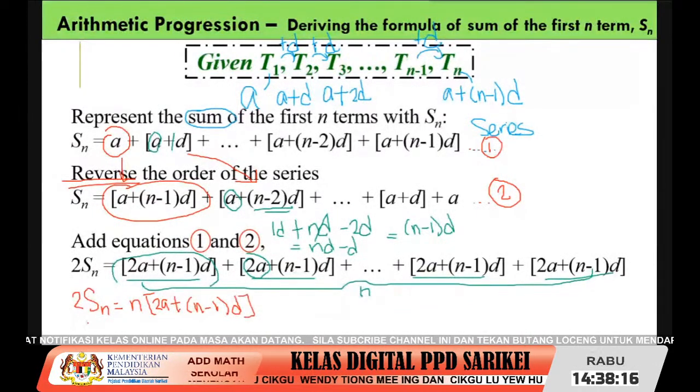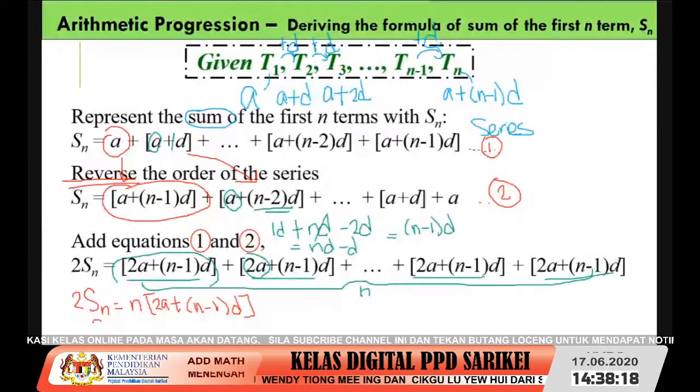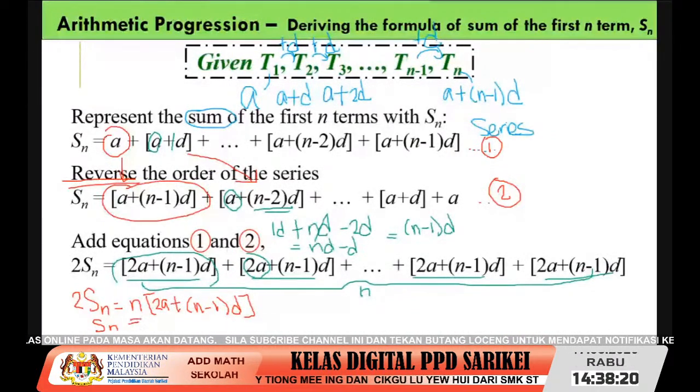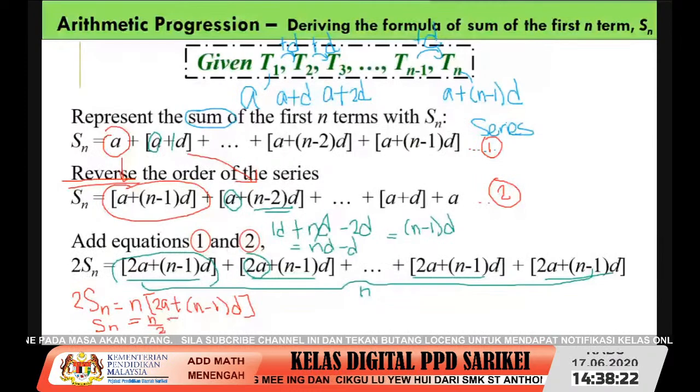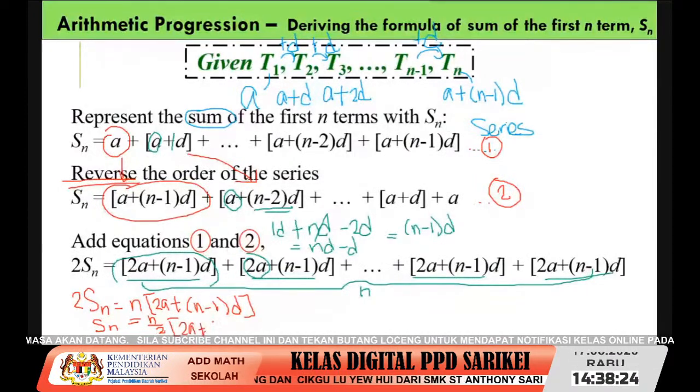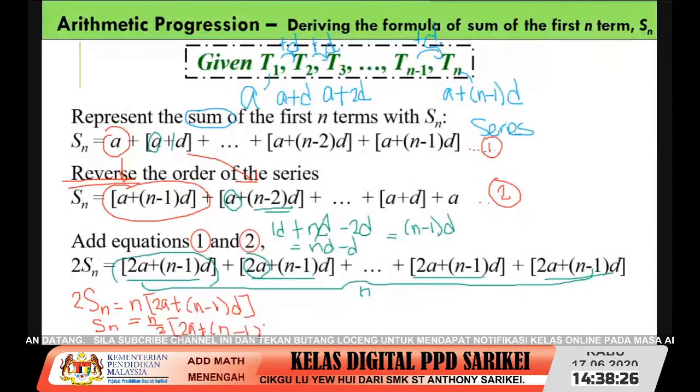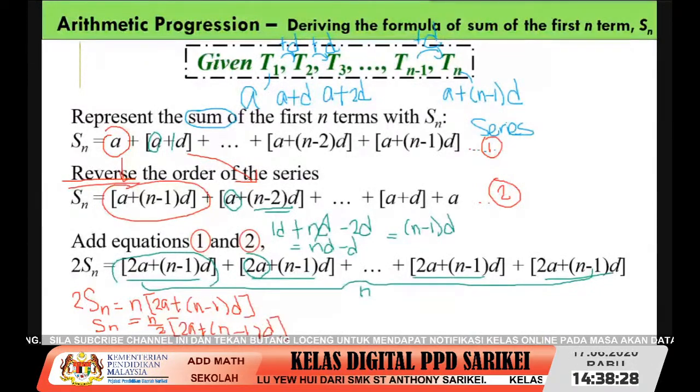So finally, my Sn equal to n over 2 times 2A plus n minus 1D. So this is the formula how we find the sum of the first n term.